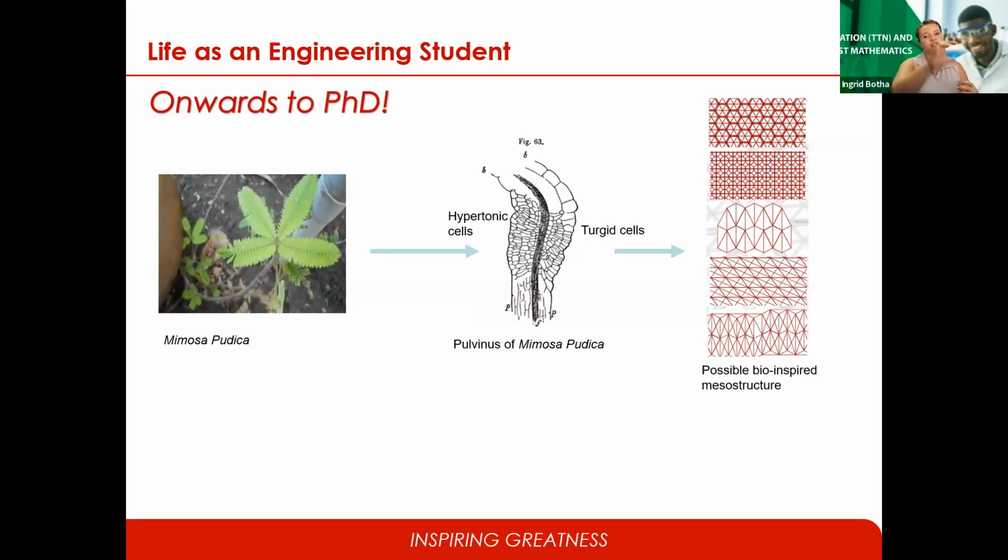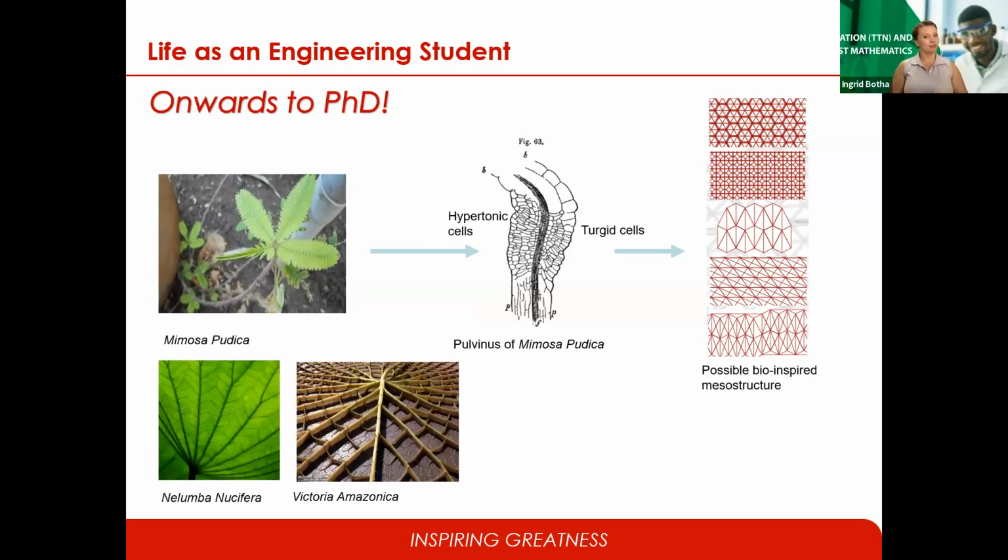And by using this design, we can then create specialized architectures or mesostructures that we can then apply in 3D printing technology. So other types of plants that we're currently observing is the lotus flower and the giant Amazon lily pads. So you can just see that beautiful venation structure, and that allows it to have that absolutely huge surface area on the water.